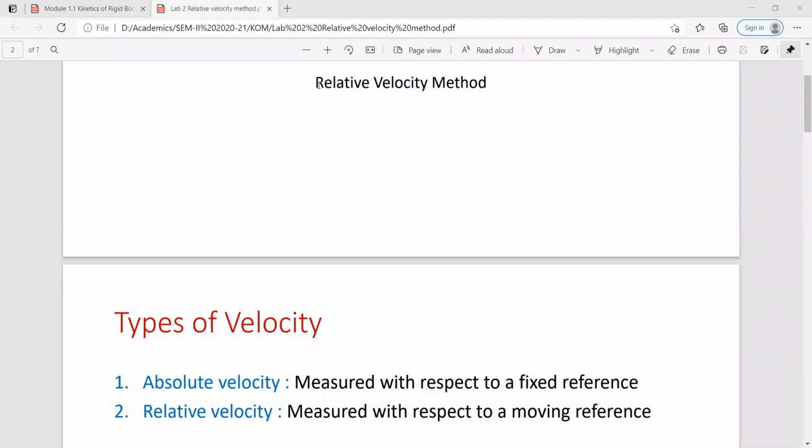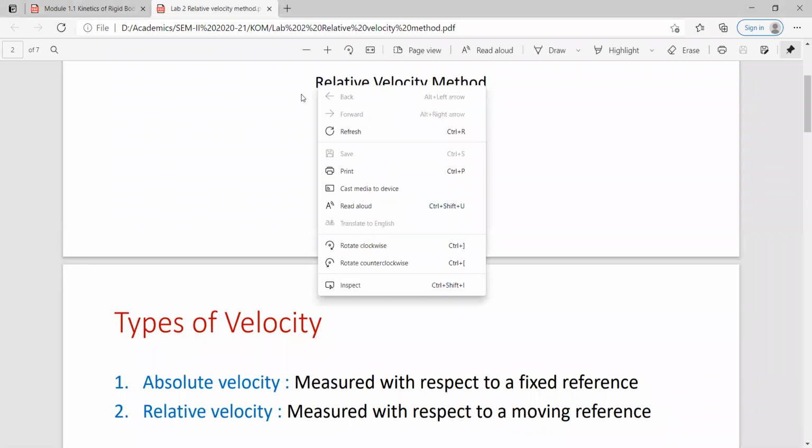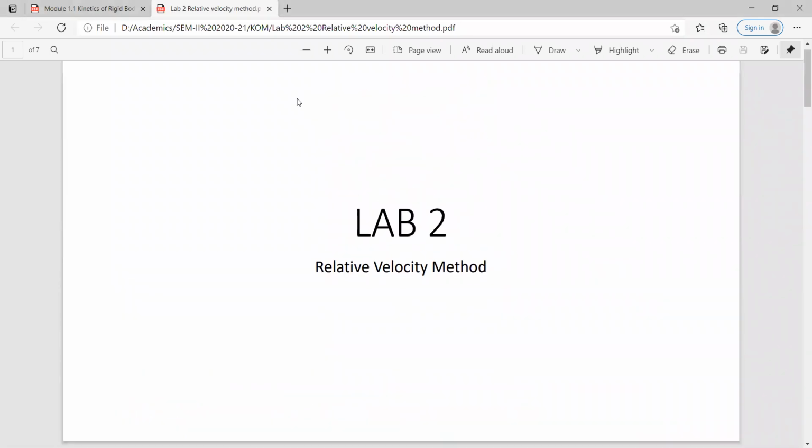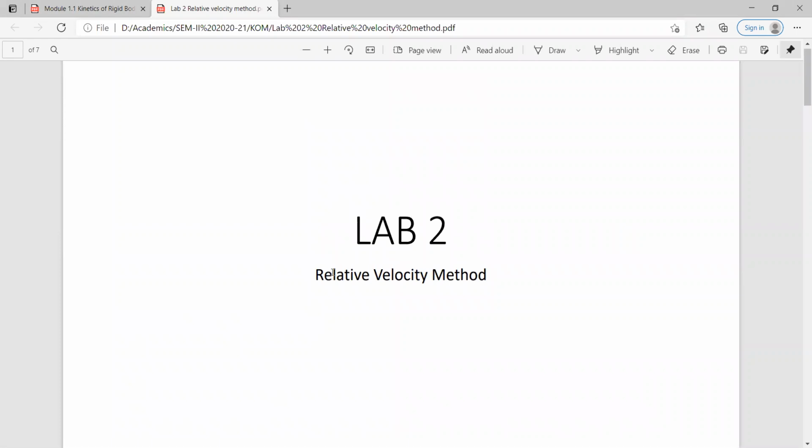Yes, sir. Okay. So let us start this topic. It is also part of your lab which I wanted to cover in your lab, but let us cover it in theory, and the lab work we will complete in the next lab session.